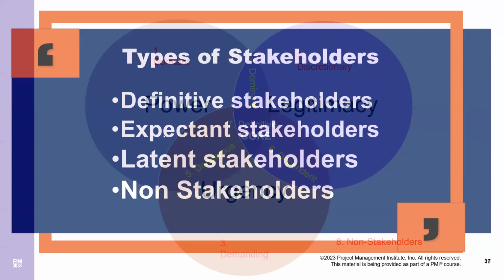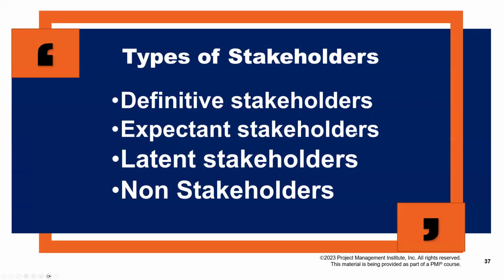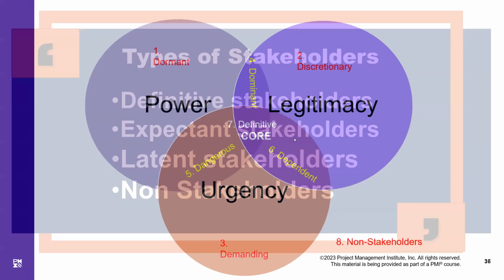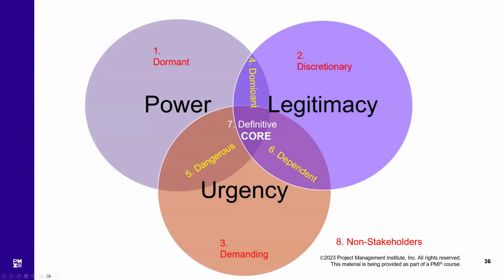They are collectively called expectant stakeholders. These are the people who are high in any two of the areas. For example, number 4, dominant stakeholders, are those who are high in power, high in legitimacy, but low in urgency.